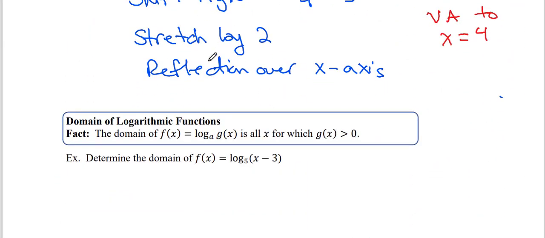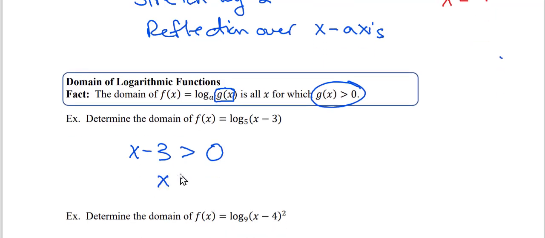The important thing is that whatever is inside the log, written as g of x, has to be greater than 0. So x minus 3 has to be greater than 0. You cannot have a negative inside a log. So in this case, x has to be greater than 3. In interval notation, that would be 3 to infinity.